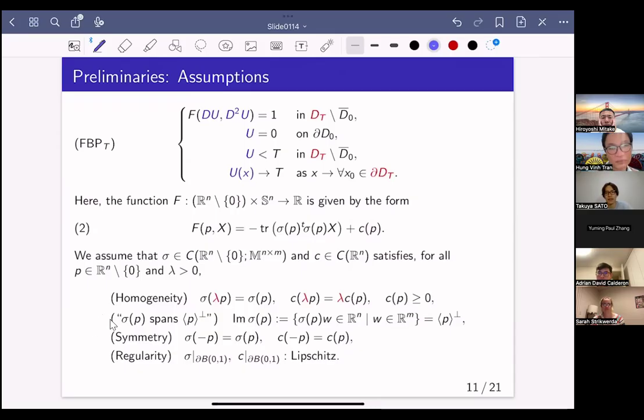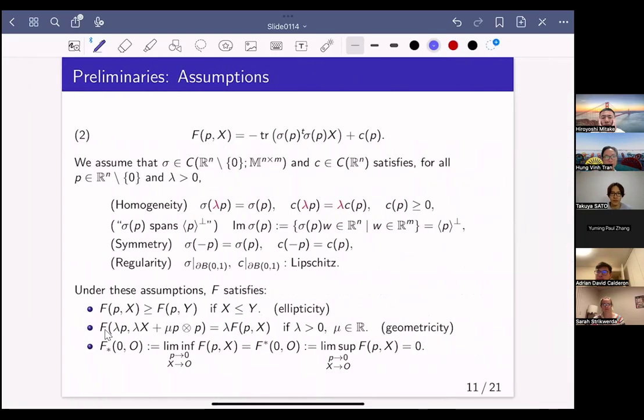We need these two conditions for constructing the game interpretation for this equation. And by the assumptions, we can easily check that f satisfies the degenerate ellipticity conditions, and f is a geometric operator, and f satisfies this condition about the singularity at the origin.